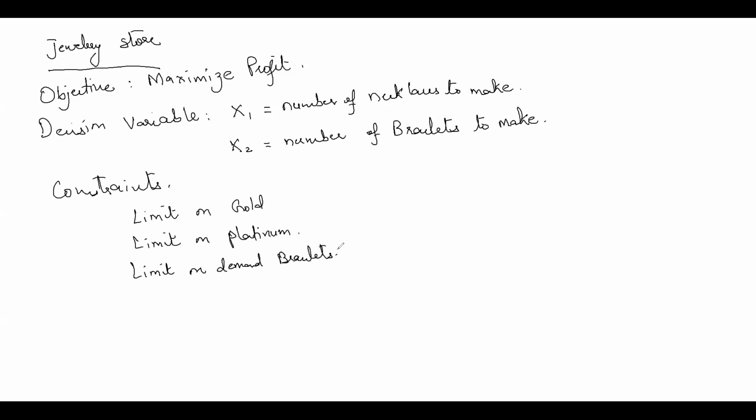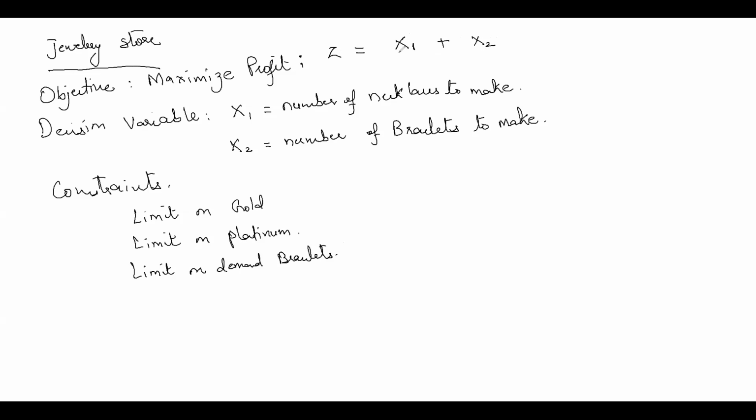All right, so we have put everything we got from the question. Now we have to put it in a mathematical way. So for the profit maximization, let's call this profit Z. It depends on how many necklaces we make and how many bracelets we make.